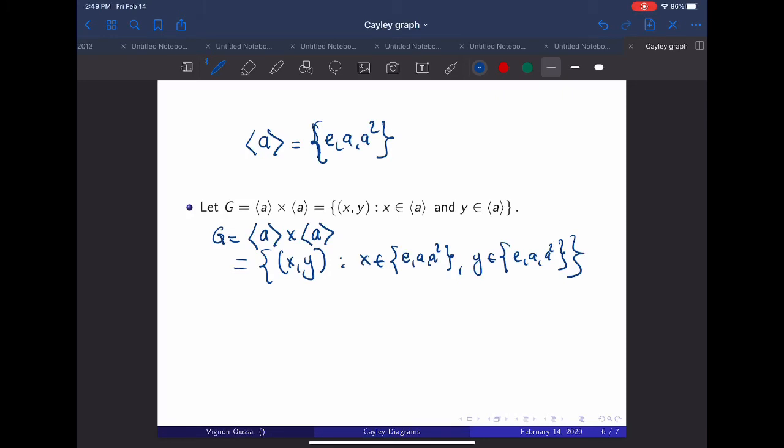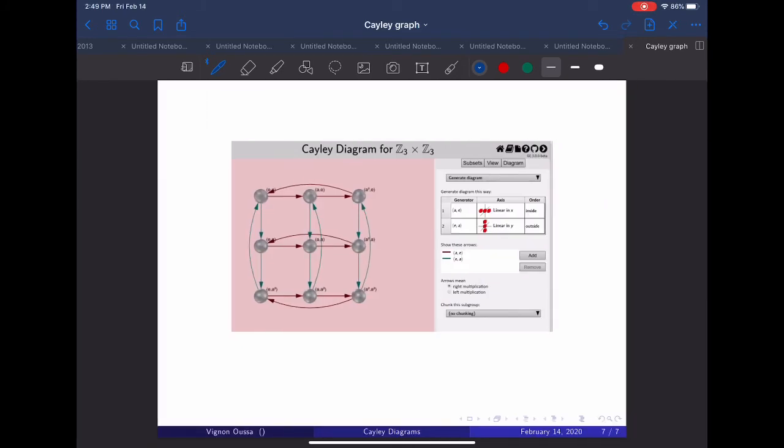You can see that this set will have 1, 2, 3, 4, 5, 6, 7, 8, 9 elements here. And our generating set S is taken from the ordered pairs AE and EA.